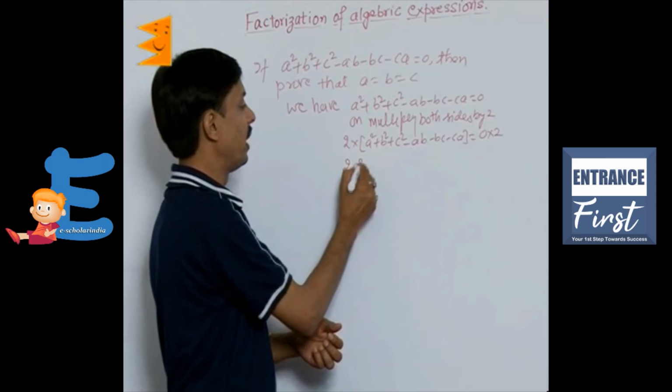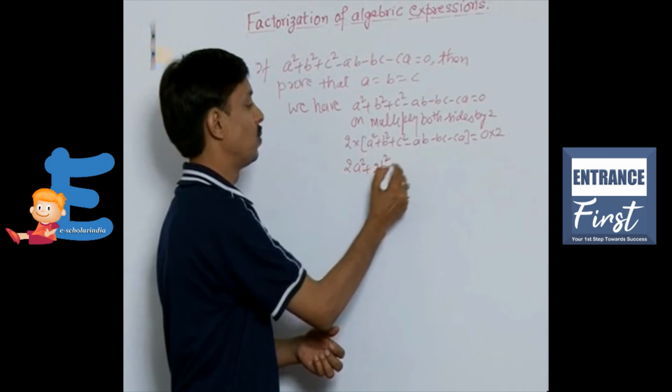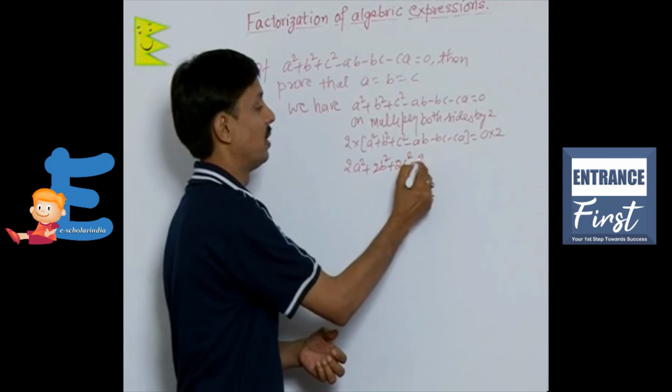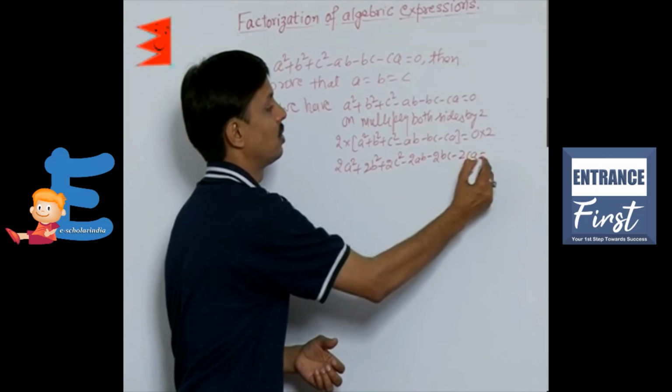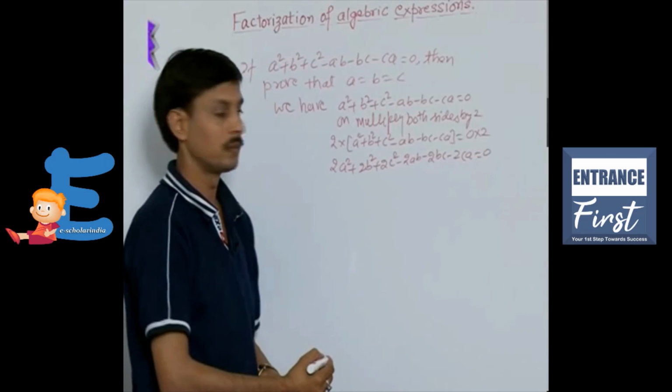This becomes 2a square plus 2b square plus 2c square minus 2ab minus 2bc minus 2ca is equal to 0.